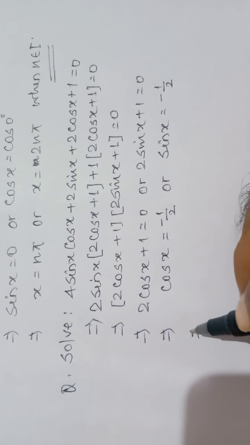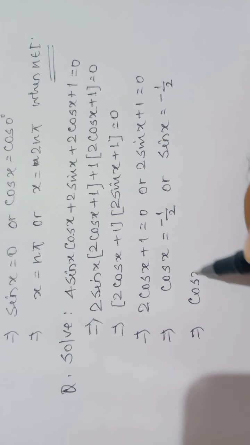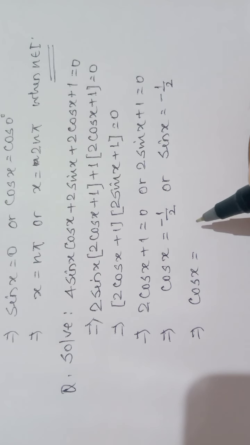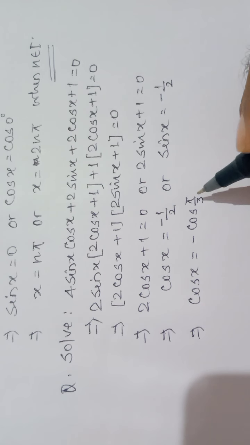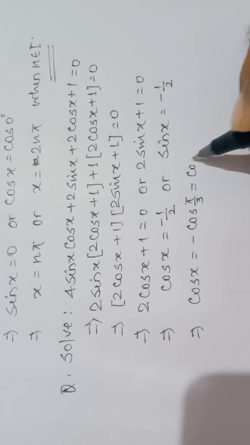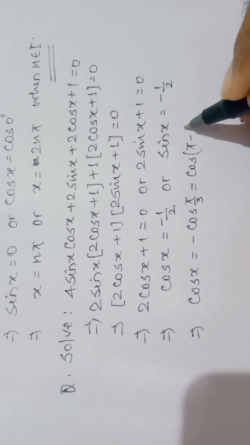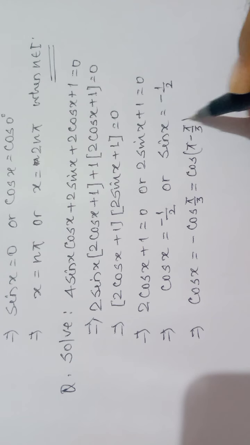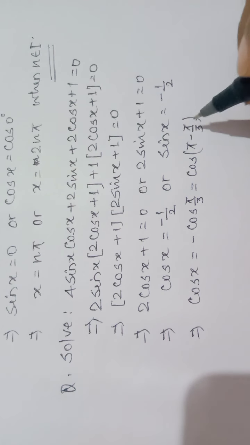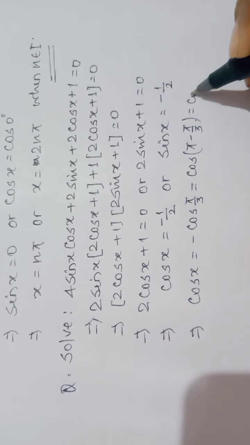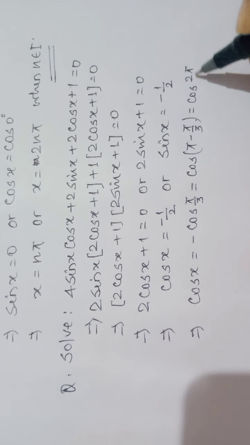Further simplify, cos x is equal to minus cos pi by 3. Since cos pi by 3 is 1 by 2, so minus cos pi by 3, and cos pi minus pi by 3 is minus cos pi by 3. Cos pi minus theta is equal to minus cos theta, so this should finally be written as cos 2 pi by 3.